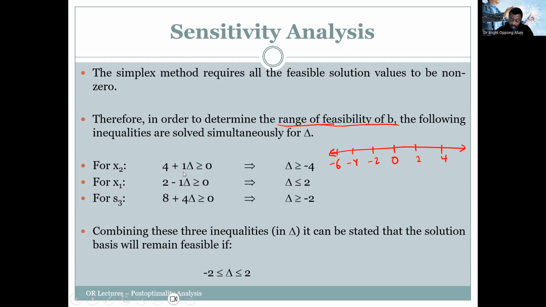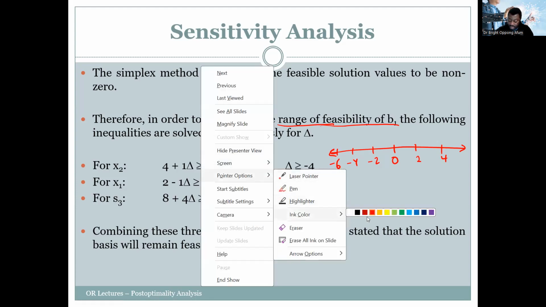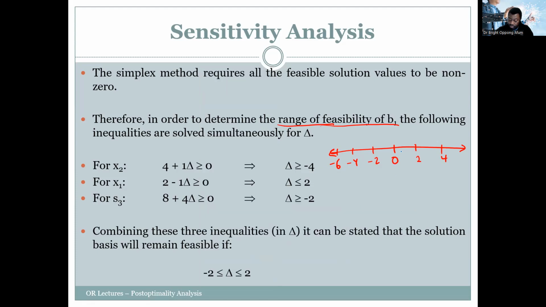For the first constraint, I can change the color of my marker and use blue. The first constraint says that delta is greater than or equal to -4, so anything that goes in this direction is greater than or equal to -4. The second constraint is less than or equal to 2, so anything that goes this direction is less than or equal to 2.